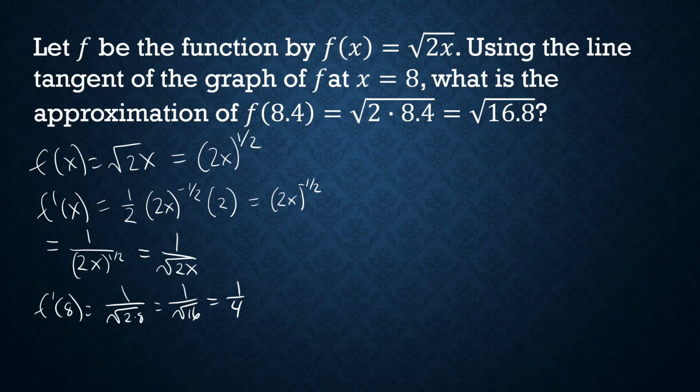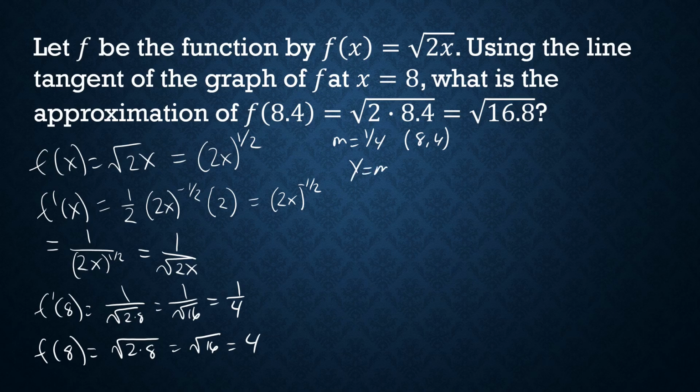Now we need a point. We have x equals 8, but to find a point, go back to our original function, f of 8. It's going to be the square root of 2 times 8, or the square root of 16, or 4. So we have our slope 1 over 4, and our point (8, 4). Now we can find the equation of the line. We have y equals mx plus b.